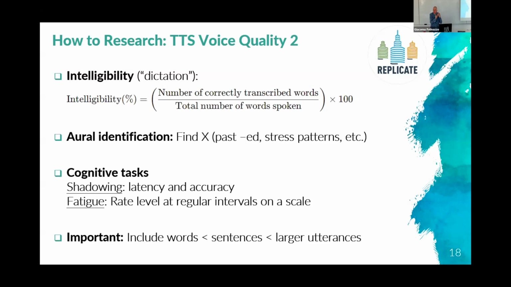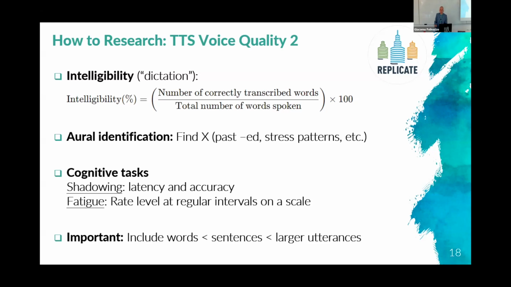So you would listen to TTS and then you would repeat as fast as you can and as accurately as you can. By doing this, you can measure the accuracy of the repetition, but also the latency, how long it takes. And then you can compare a group that is using TTS only and the other group that is using human, and then see whether one would take longer than the other. The one that takes longer is probably cognitively heavier than the other.